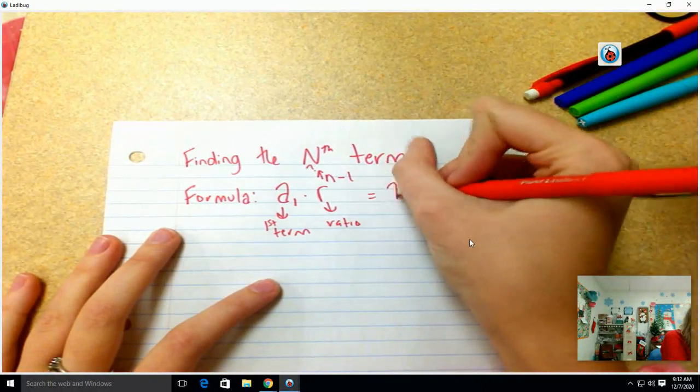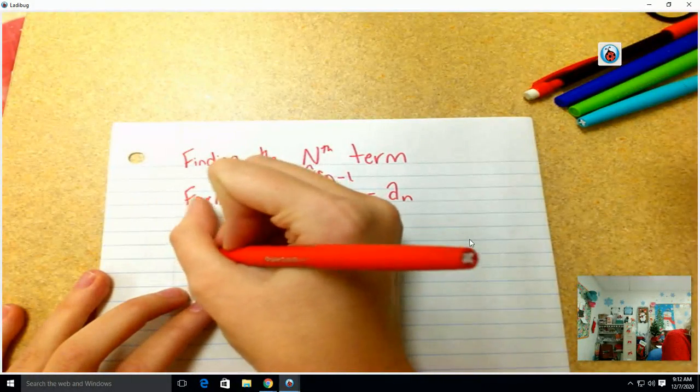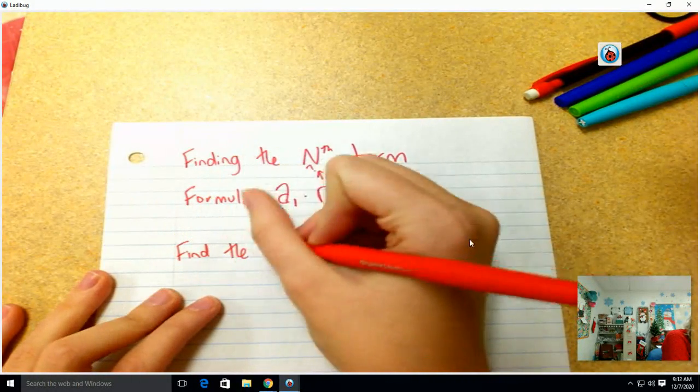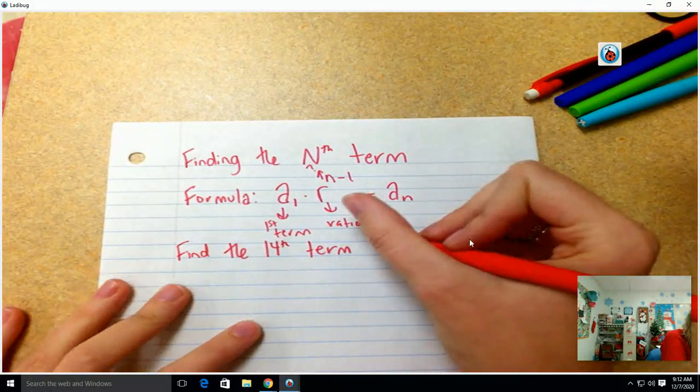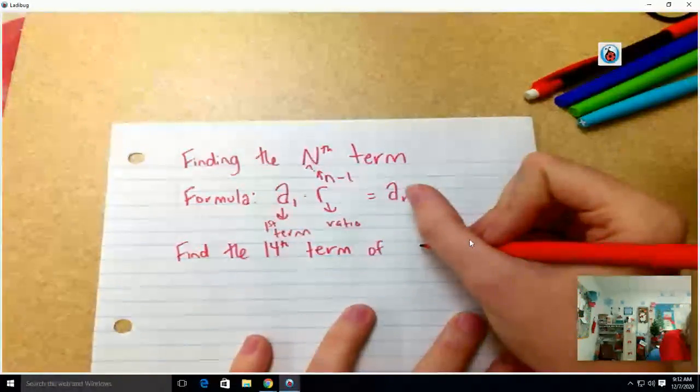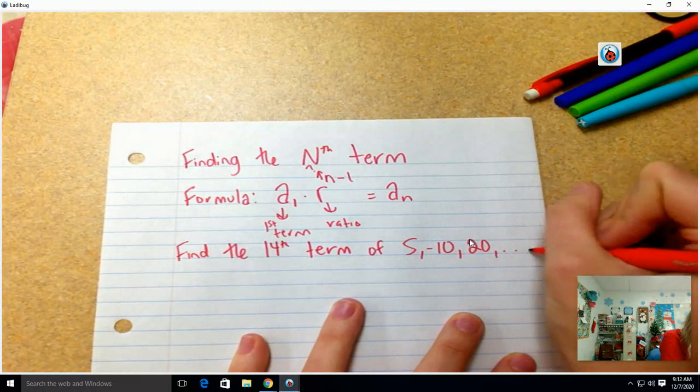So this is going to equal An. If we are asked to find the 14th term of 5, negative 10, 20, and so on.